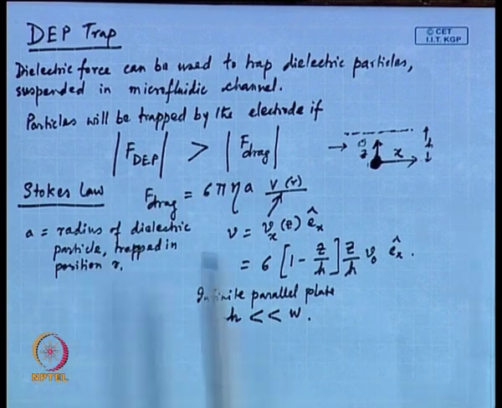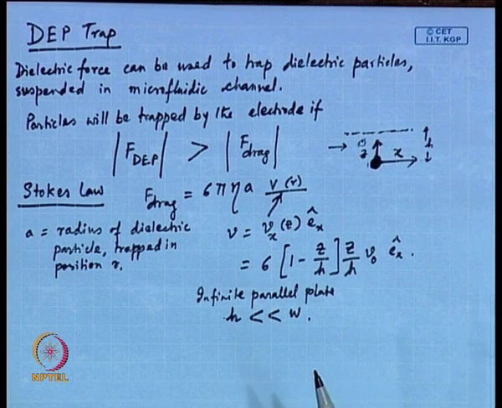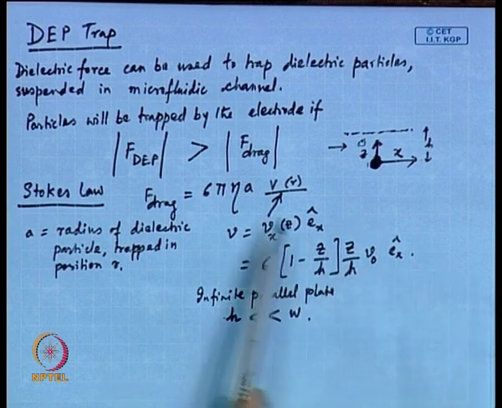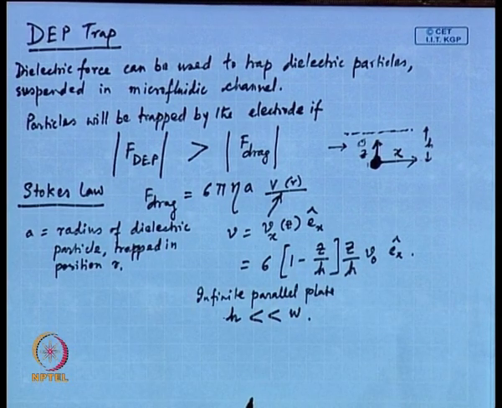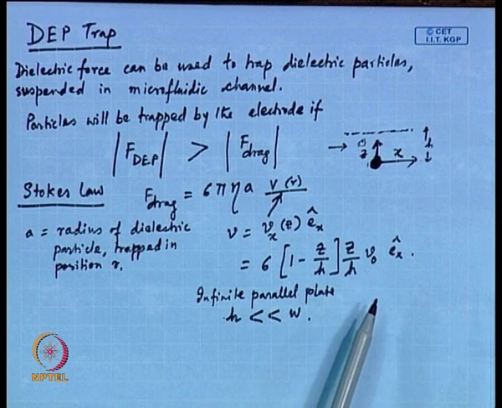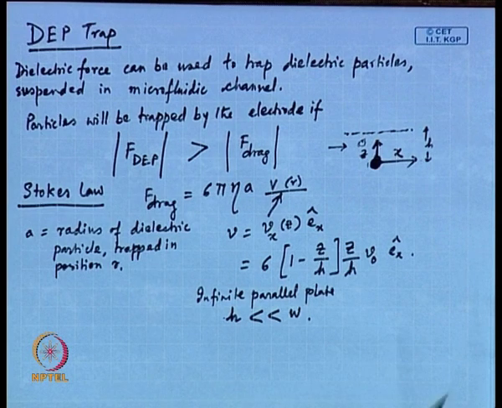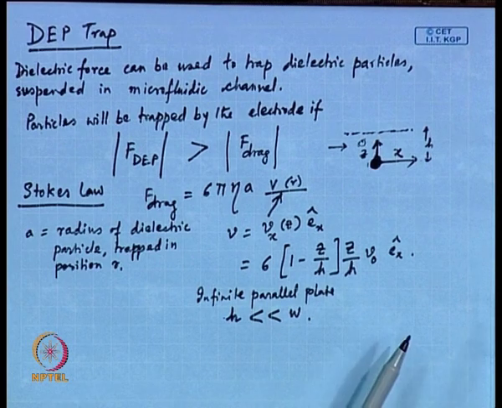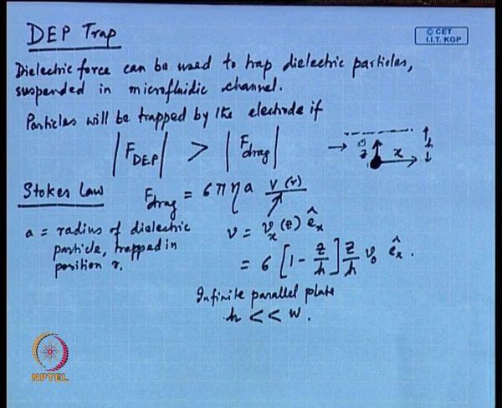Now, you may ask, what are we trying to do? I understand the DEP trap and the inequality, but what are we trying to solve by writing this drag force? Our objective is to find out what should be the V naught, what should be the electric field such that you can trap a particle of certain epsilon. Suppose somebody says, I want to trap a particle of this dielectric constant and of this size.